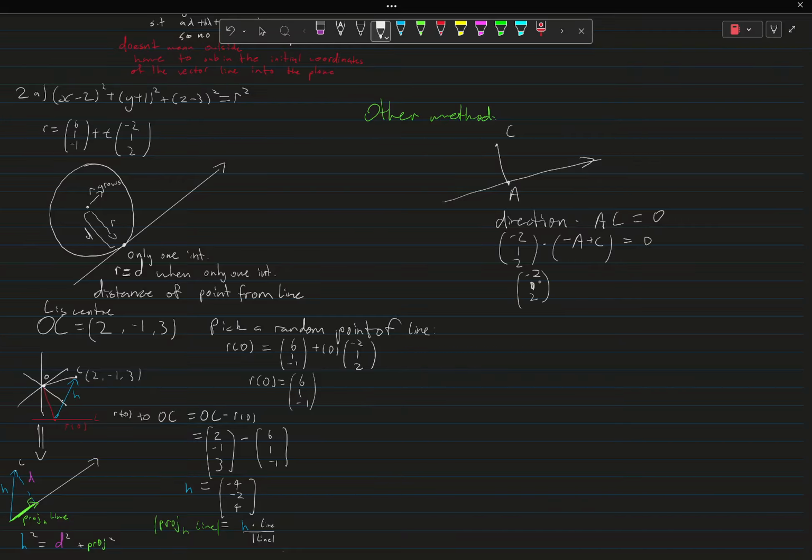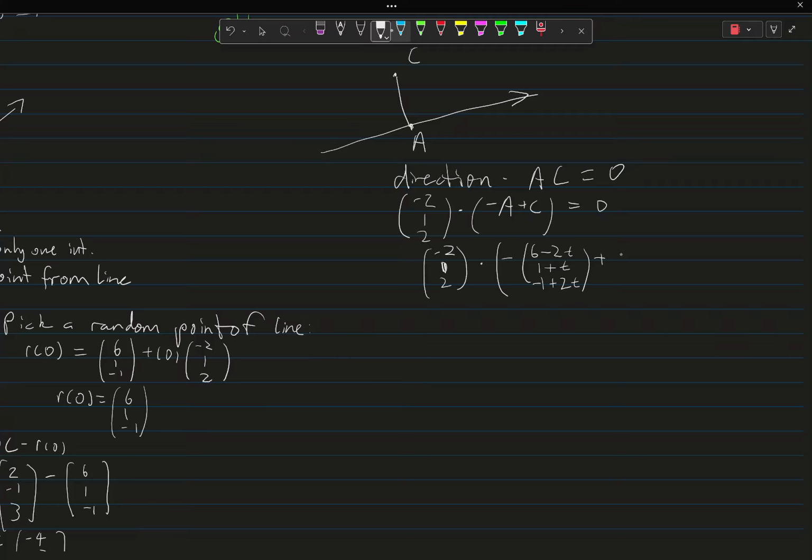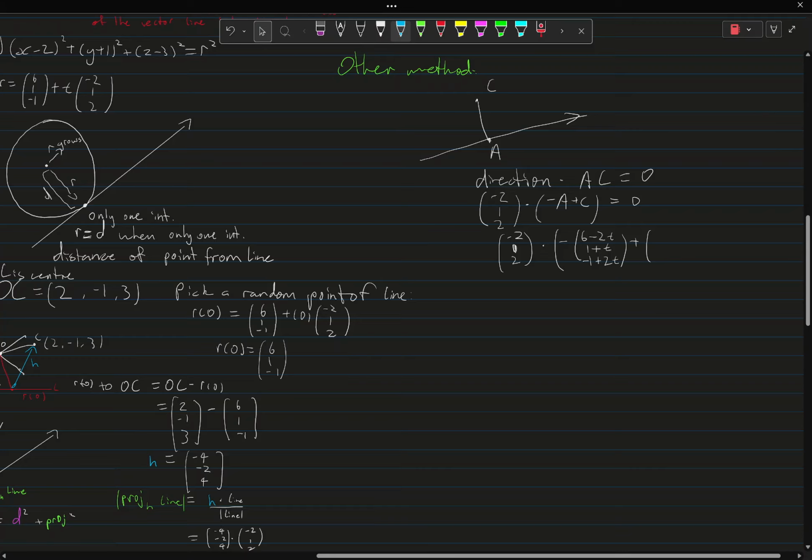So we have the negative of A, which is a random point on the line in terms of t: 6 minus 2t, 1 plus t, negative 1 plus 2t, plus C, which I believe was 2, negative 1, 3. And that equals 0.